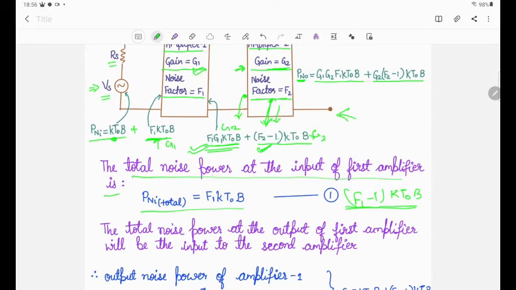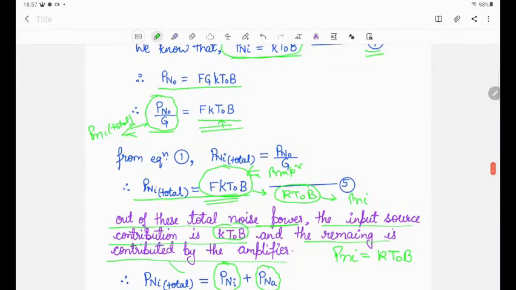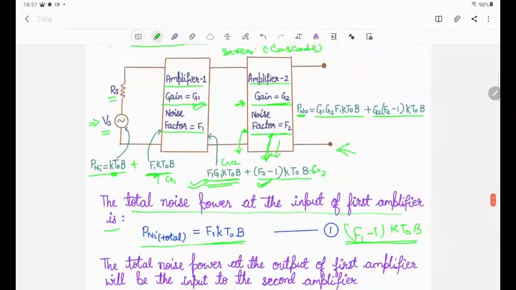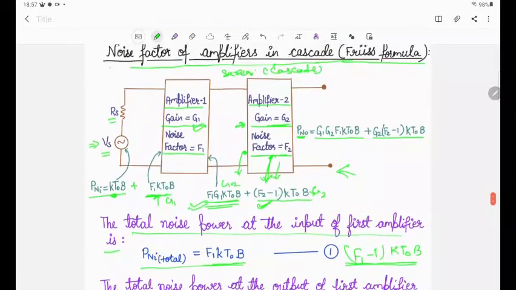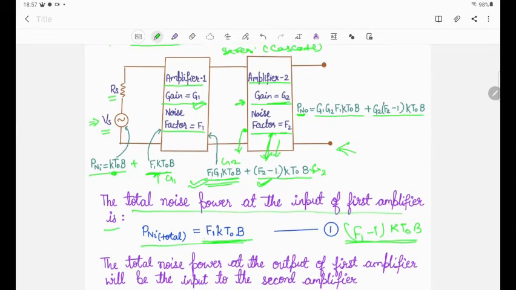But at the input, the total noise power will be F1 K T0 B. I already explained this in the previous example: if the amplifier has the noise factor F, the total noise power at the input of the amplifier will be F K T0 B. So here, the noise factor of the amplifier is F1, and I have written Pni total equal to F1 K T0 B. This is equation 1.